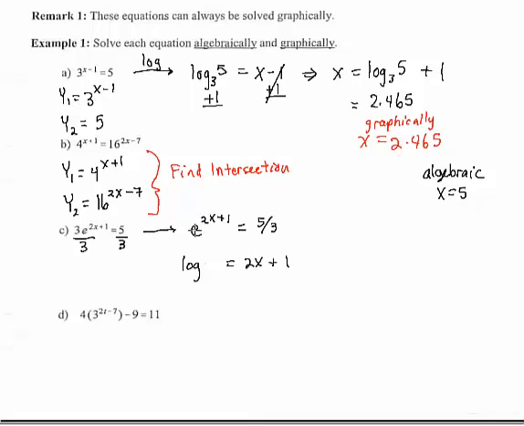The base of this exponent was e, so I write it as a subscript next to the log. And then the only thing that we haven't used in this exponential form is the 5/3, and so it becomes our argument.